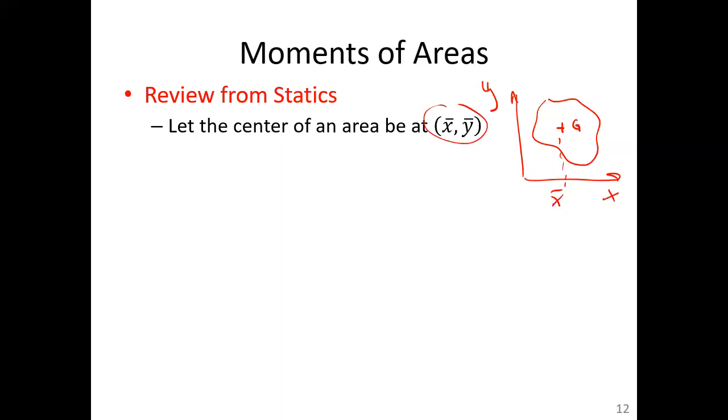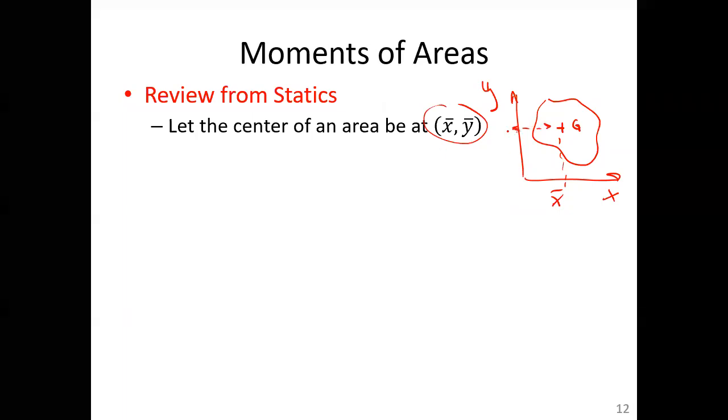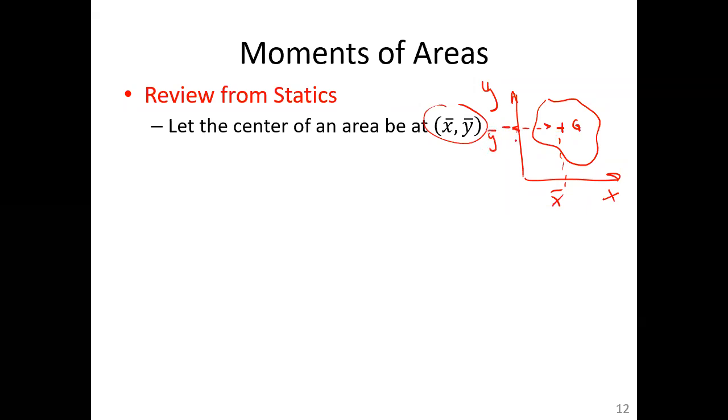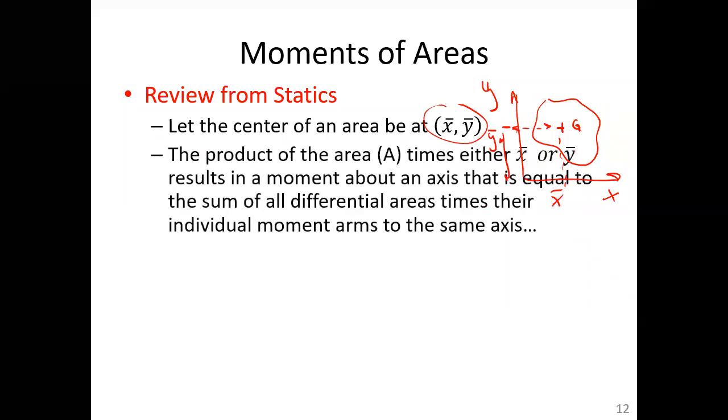That's the distance from G to the y-axis. And then this distance here is y bar, the distance from the center of area down to the x-axis. Nothing of revelation there.